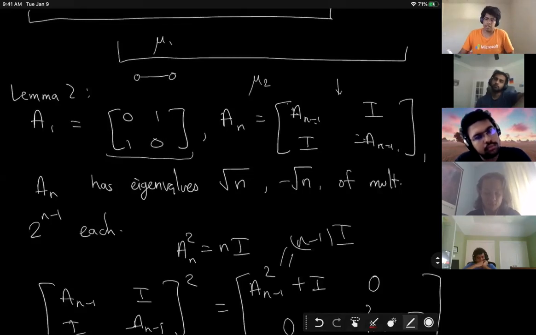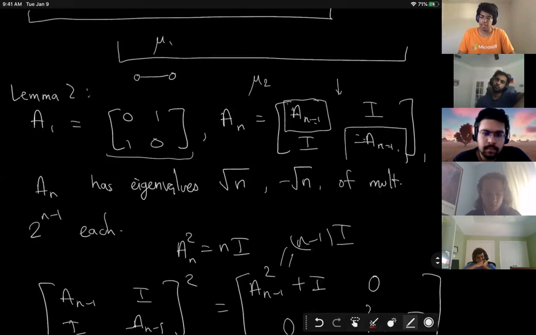So the identity matrices here correspond to one of the lower dimensional hypercubes, and this corresponds to the other. The negative doesn't matter because we don't care about plus or minus ones here. And the I's here correspond to those matchings between the two, right?